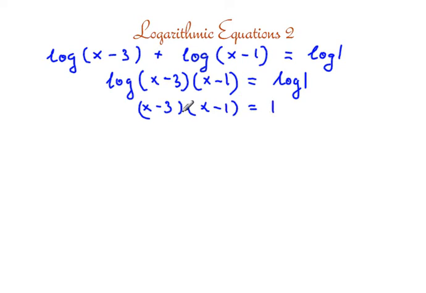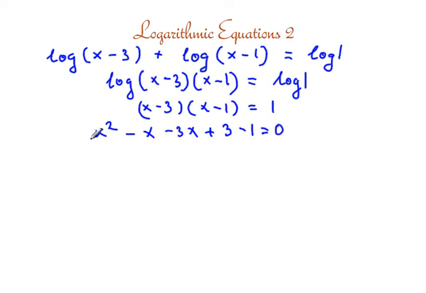In order to solve this equation now, we're going to have to expand it. So x times x, x squared. X times negative 1, so minus x. Negative 3 times x, minus 3x. Negative 3 times negative 1, plus 3. Bring this one over to the other side, so take away 1, set it equal to 0.